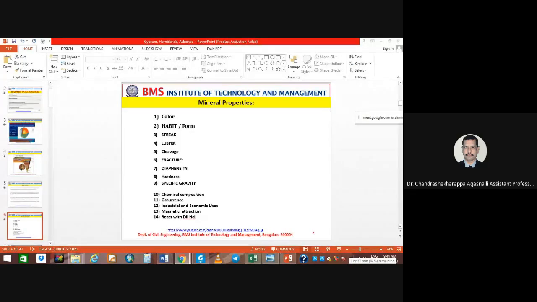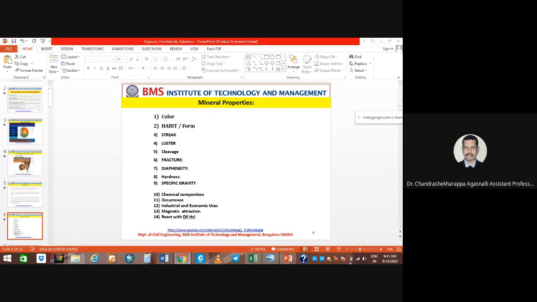Some minerals are big in volume and the weight is very less. Some minerals are small in volume and the weight is more. It depends on the properties of the minerals. So specific gravity low, medium, and high. Hardness low, medium, and high. This also you can write there.